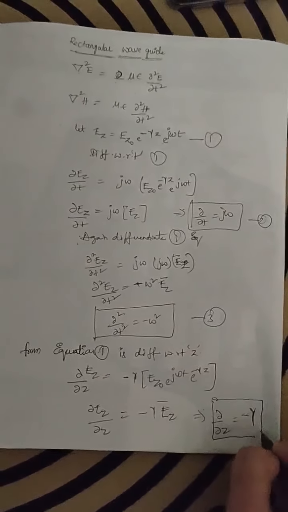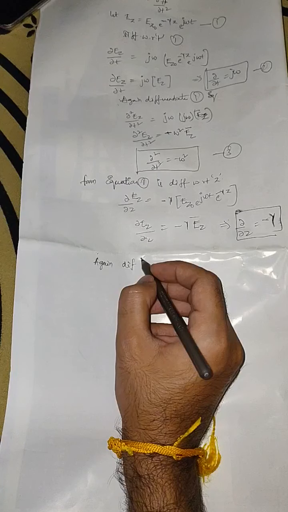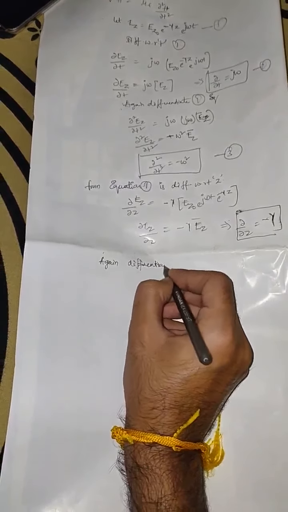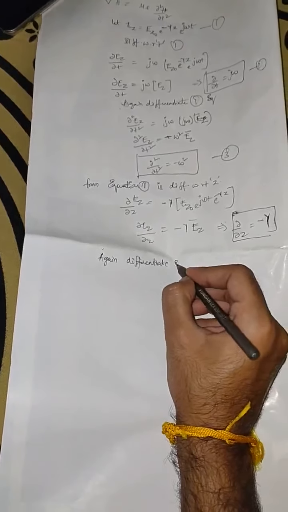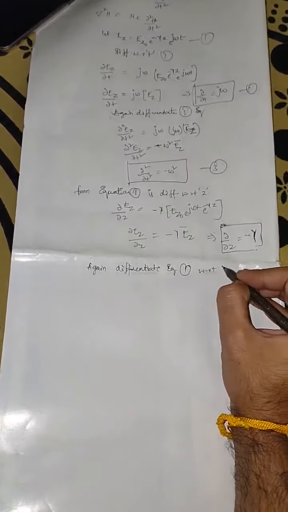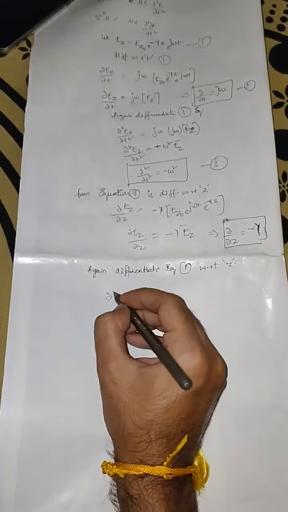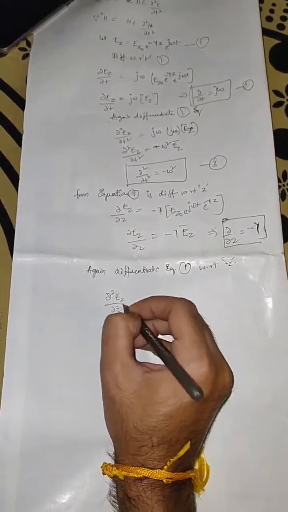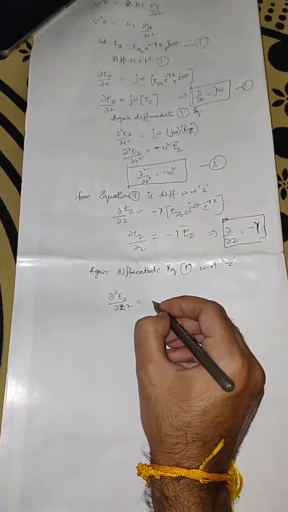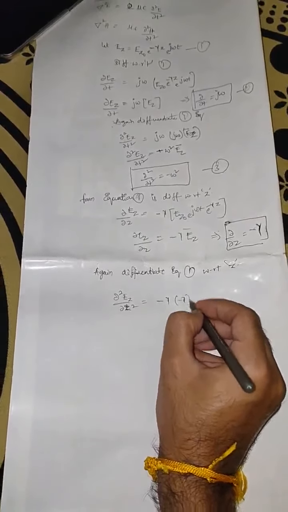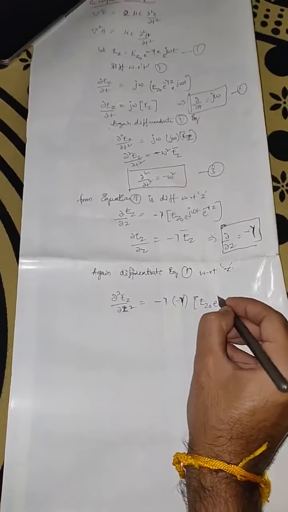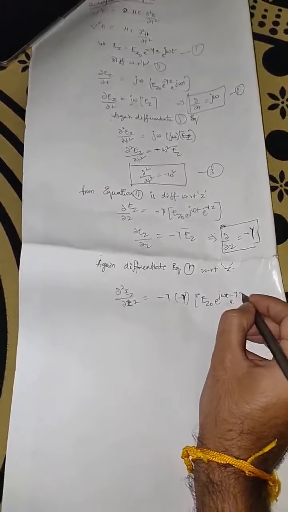Differentiate equation 1 again with respect to z, so that you get dou square Ez by dou z square, which is equal to minus gamma multiplied with minus gamma Ez naught e to the power of j omega t e to the power of minus gamma z.